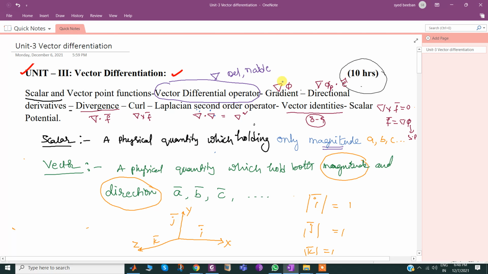Directional derivative we just now completed. Angle between the surfaces is not given directly, but it is an application of the gradient, so that's the reason we discussed it separately. And yeah, divergence means del dot f bar, curl means del cross f bar, Laplacian operator del dot del.